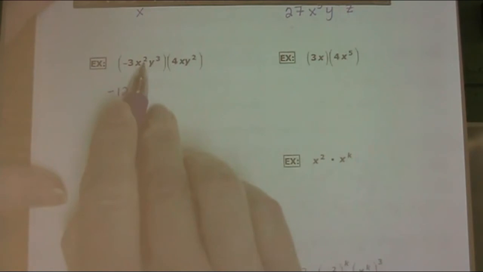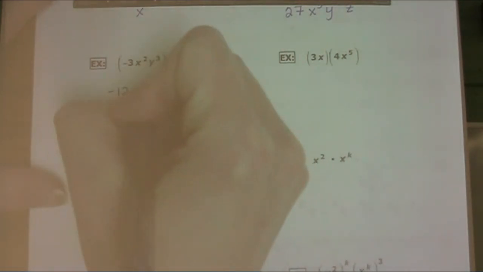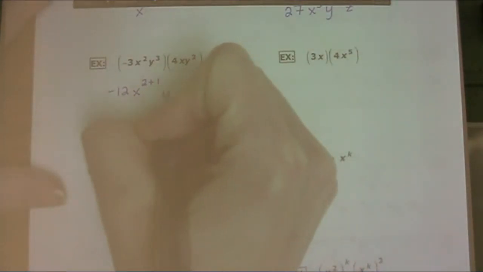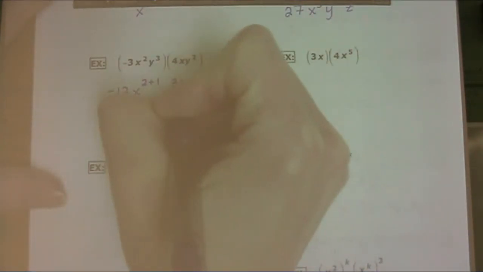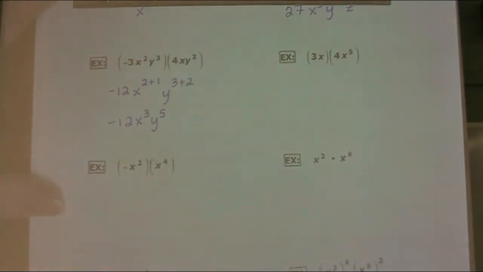My x's, I've got 2 here and 1 right here. Don't forget that 1. You don't see the power, but it's there. So this is x to the 2 plus 1 power, and this is y to the 3 plus 2 power, which gives us -12, x to the 3rd power, y to the 5th power.